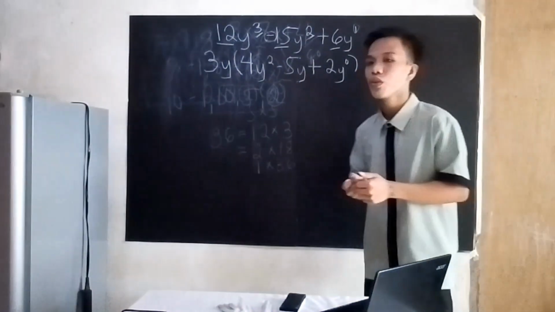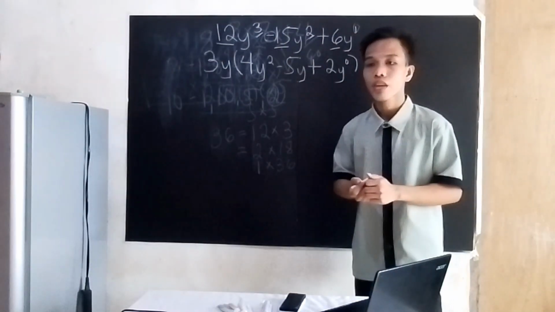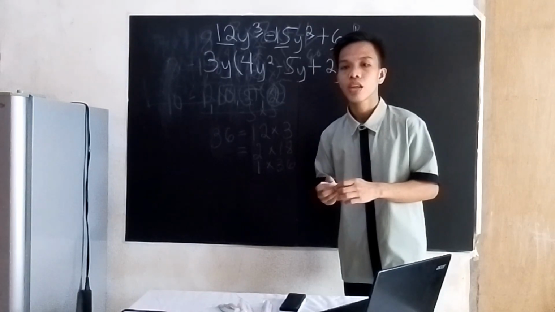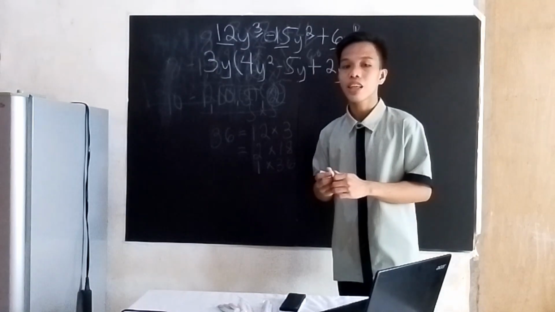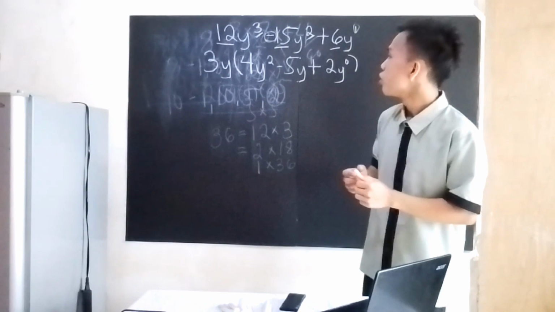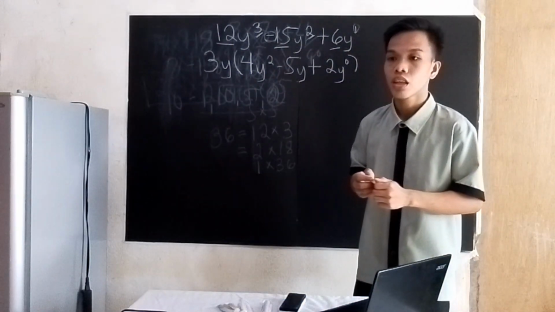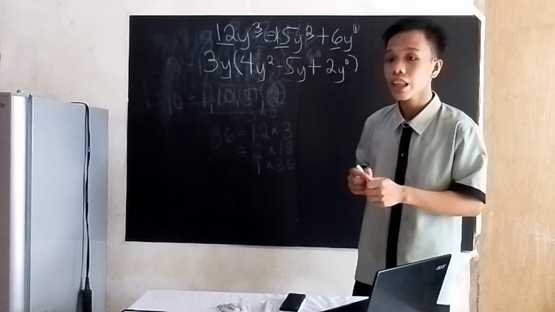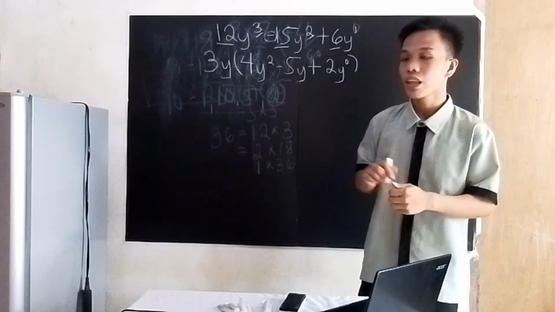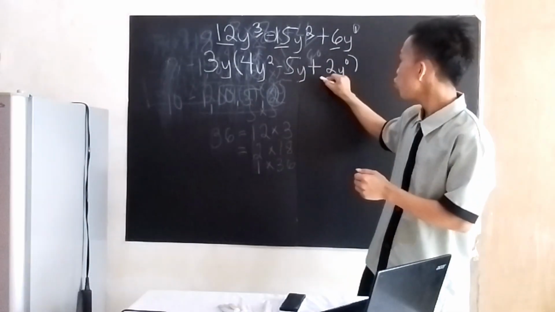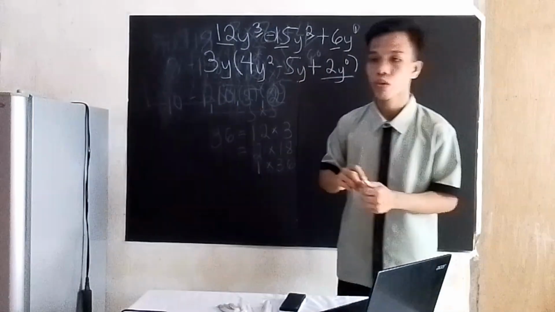Are we done in here? We are not done yet. Why do you think so? That's right, because we can simplify the multiplier, or simplify the 2y raised to 0.